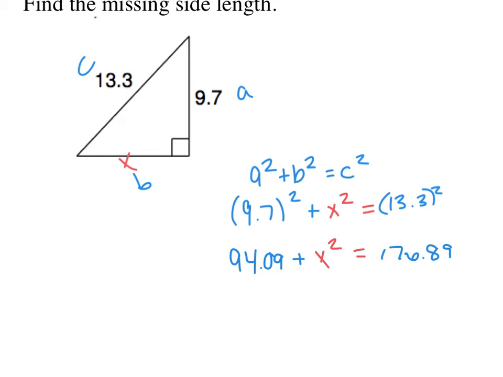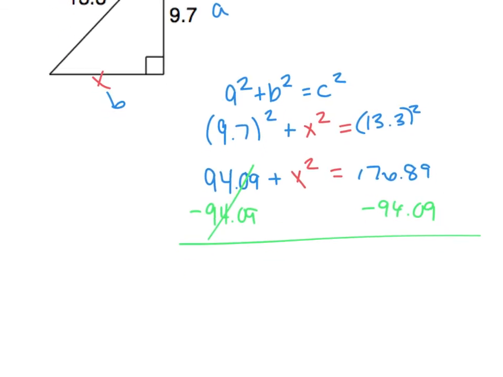So I'm going to get rid of my 94.09 by subtracting. My 94.09's cancel, and I'm left with x squared equals 82.8. And now, to get rid of that x squared, I take the square root of both sides. So I get x is equal to, one second.